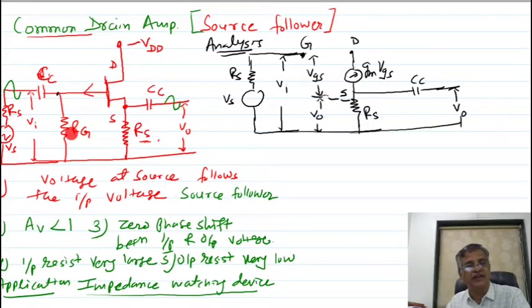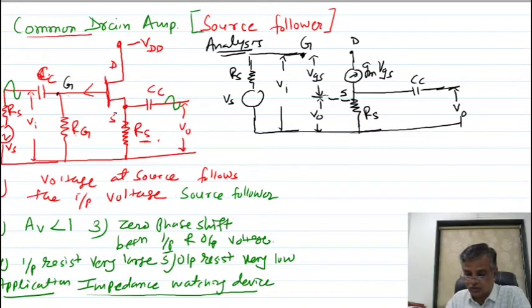If we had not taken them as very large, then you would have to include them in the circuit. This is your VGS, between gate and source. This is your current source, this is RS, you can see here carefully.